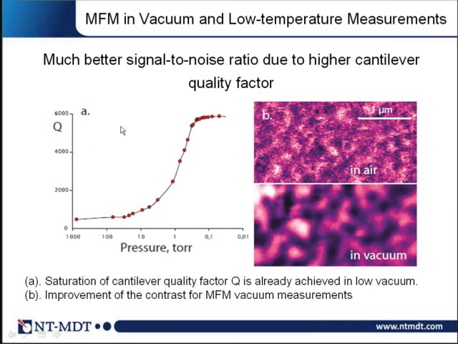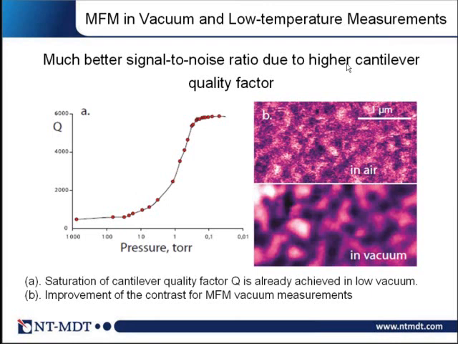As you see in this graph, if you reduce the ambient pressure, you dramatically reduce the losses of your cantilever, and in such a way you dramatically increase, by a factor of tens or even more, the quality factor of the cantilever and the sensitivity, because the quality factor determines the line width of your resonance, and the derivative of the line width determines the phase shift and therefore the sensitivity of your images.